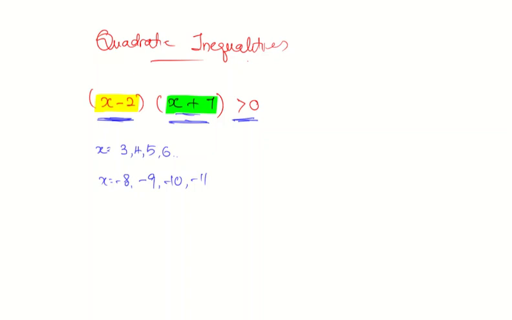Okay, so this concept, we use it, x minus 2 equals to 0, x equals to 2, x plus 7 equals to 0, x equals to negative 7, and then we draw a curve. So in order to get positive, we have above the horizontal line, both positive.